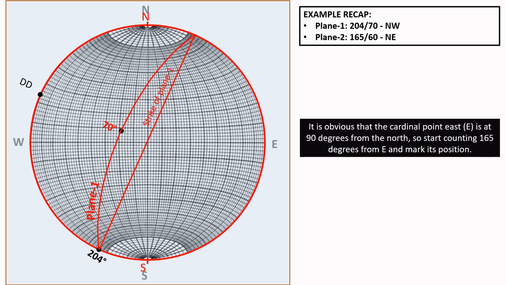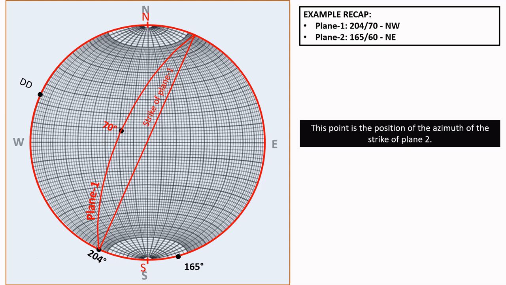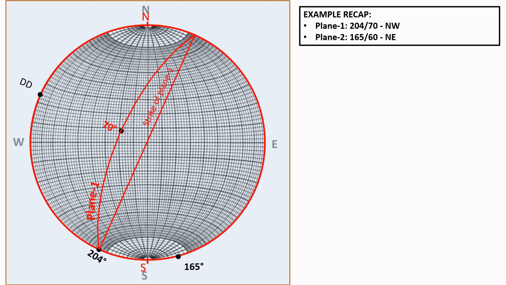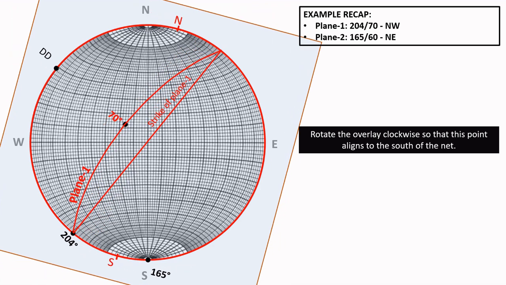So, start counting 165 degrees from E and mark its position. This point is the position of the azimuth of the strike of plane 2. Rotate the overlay clockwise so that this point aligns to the south of the net.